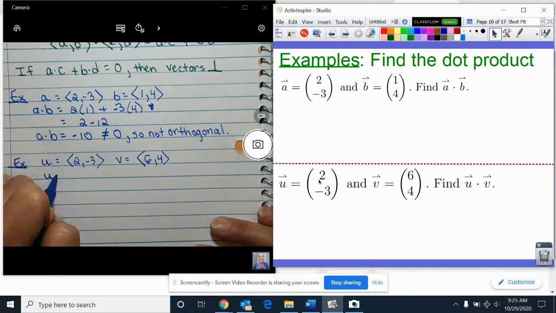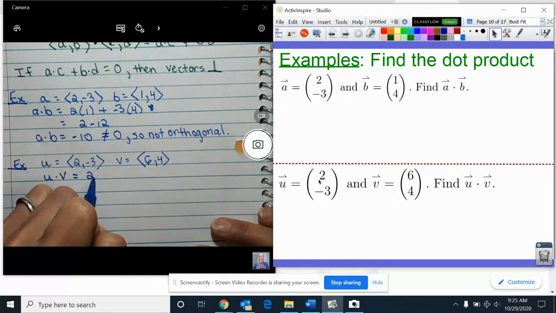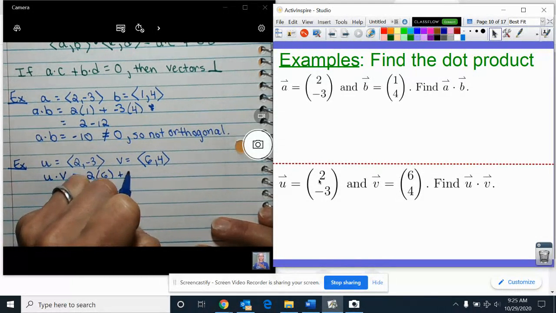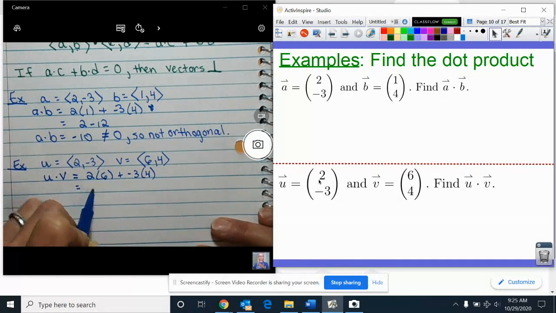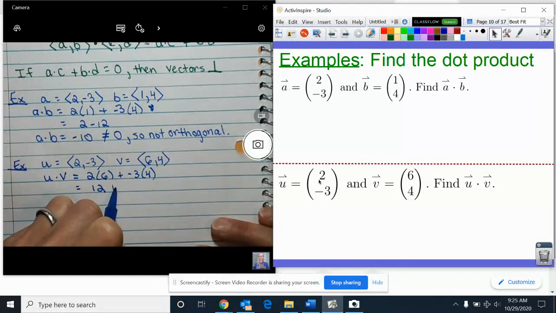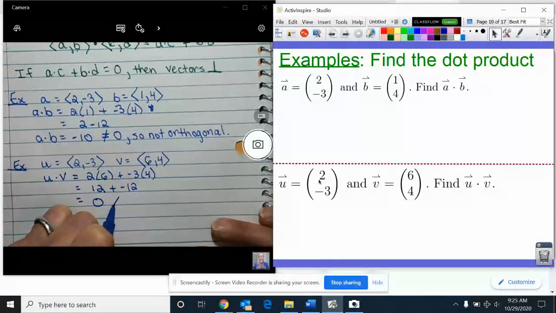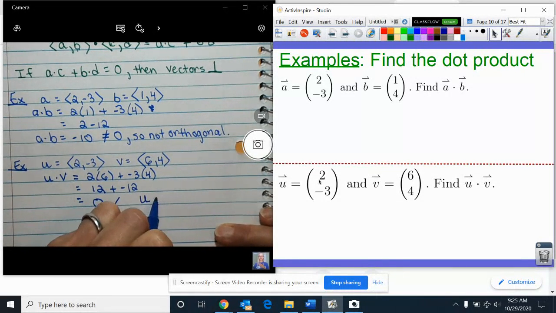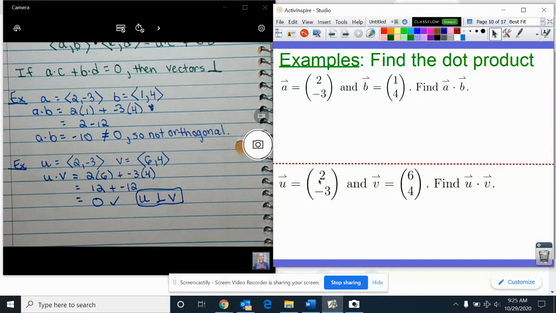The product of U and V is 2 times 6 plus -3 times 4. Well, that is 12 plus -12, which is 0. So U is orthogonal to vector V.